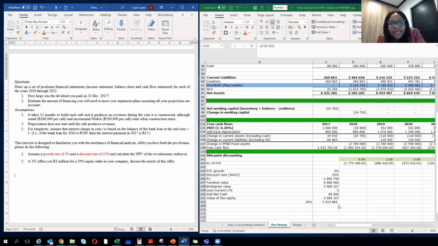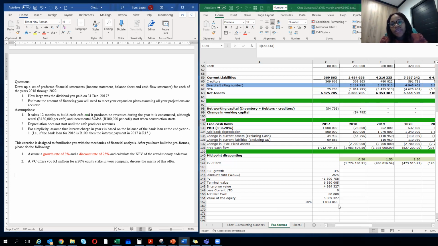And last but not least, if you spend on acquiring any new assets, like in our example we've spent 900,000 per cafe. So in 1 year we're spending on 3 cafes, 2.7 million. We need to bring in that 2.7 million. And then we get to the free cash flow.